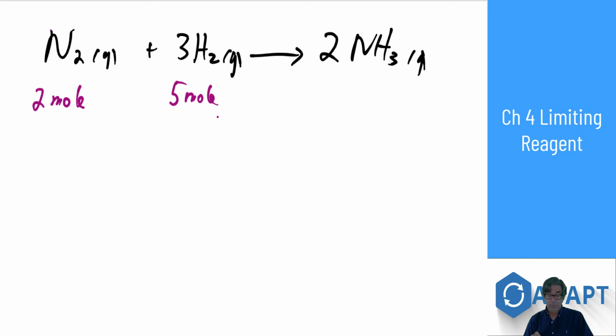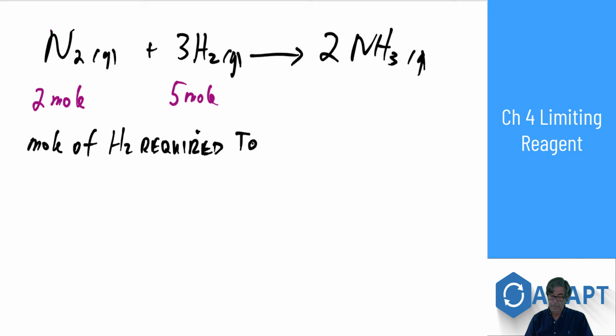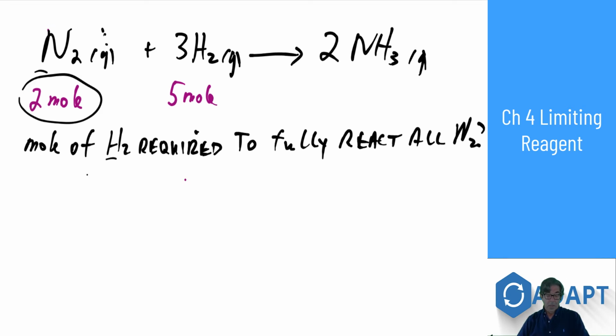So now which one is the limiting reagent? It's not always obvious based on the stoichiometric relationship of, in this case, the 1:3. So we can ask ourselves, how many moles of H2 are required to fully react all the N2?